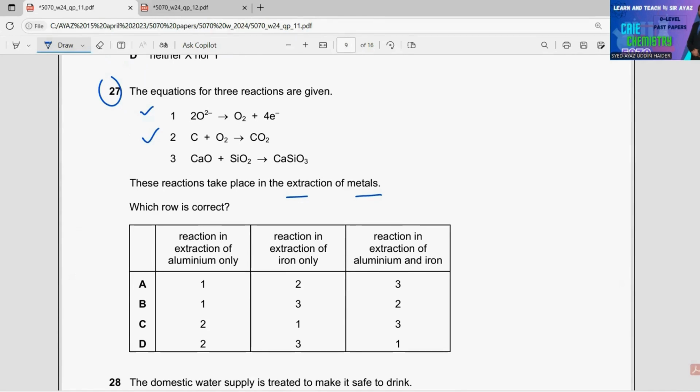What about reaction in extraction of iron only? So we have 2 and 3. 2 and 3 for iron. So I will write Fe here, and here we have aluminum. The reaction common to the extraction of aluminum and iron must be 2. So 1, 3, 2. So B must be the right response here.